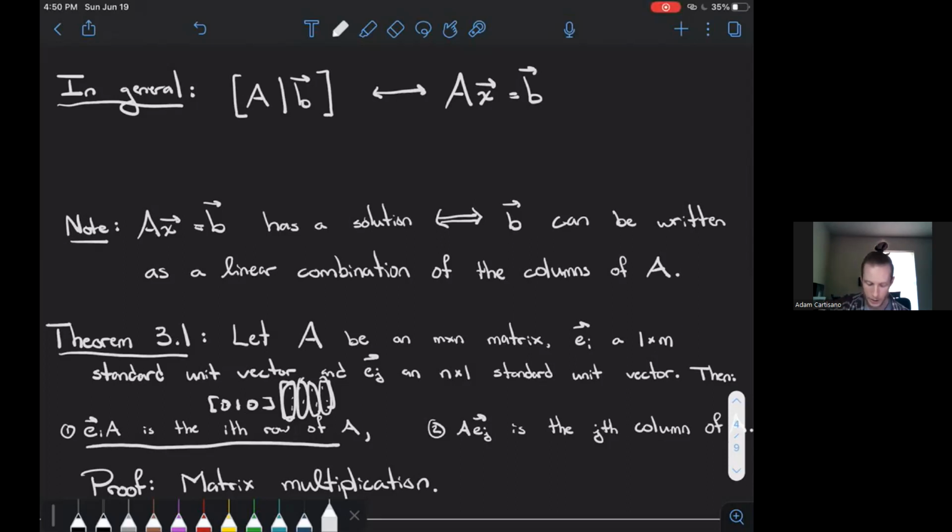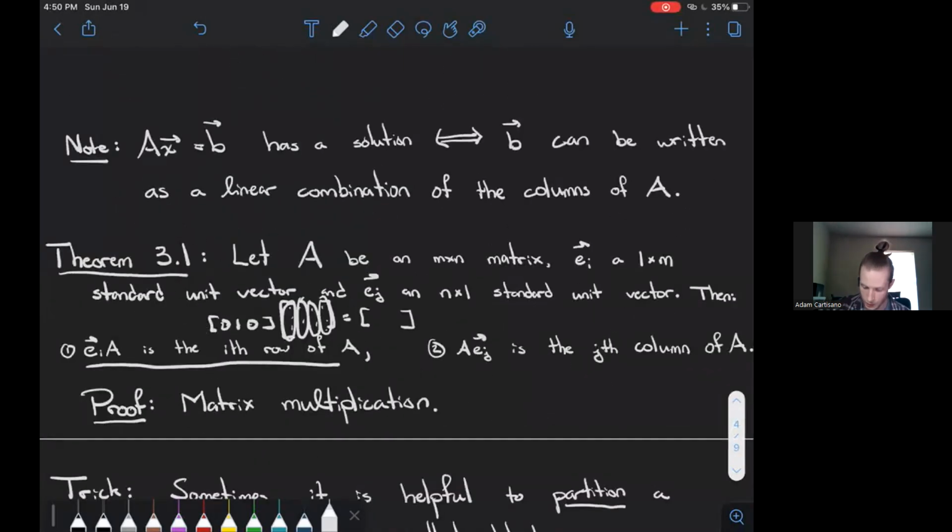Okay, and so the output will be a 1 by n row vector, in terms of computing the dimensions of the output matrix, and it will be precisely the ith row of A, right? Okay, do the same thing with the jth column vector, but do the matrix multiplication on the other side.